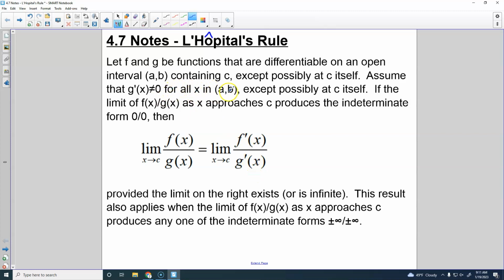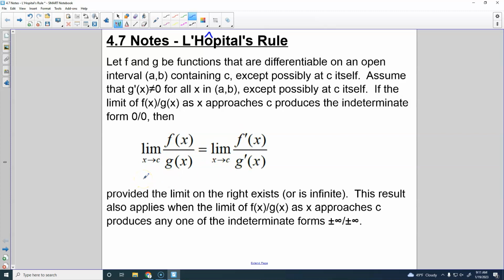For all X in AB, except possibly at C itself. If the limit of f of X over G of X as X approaches C produces the indeterminate form 0 over 0, then the limit as X approaches C of f of X over G of X equals the limit as X approaches C of f prime of X over G prime of X.